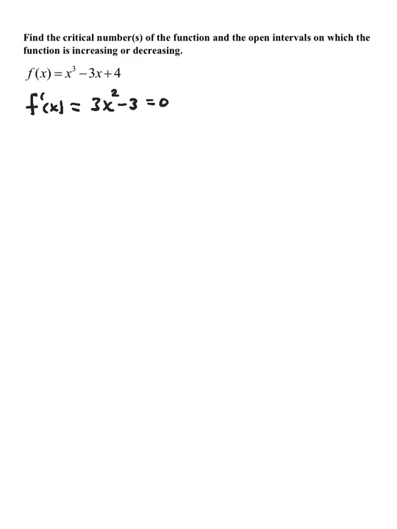Critical numbers occur when that's 0. Add 3 to both sides. Divide by 3. And then using square root property, you take the positive negative square root of 1. Well, that's positive negative 1. So this function has two critical numbers.